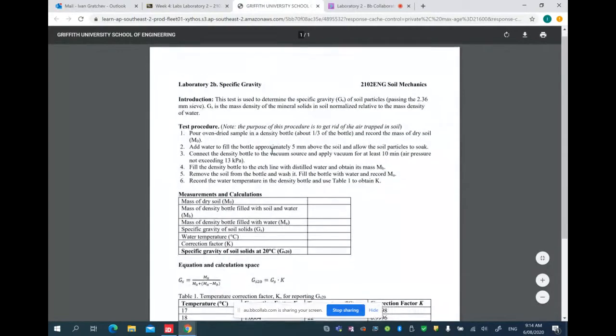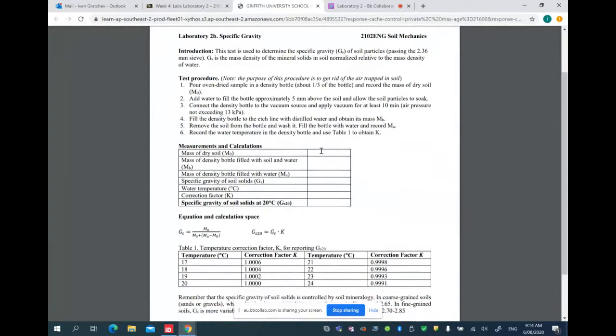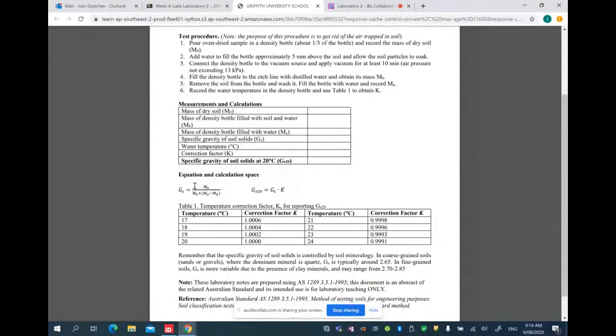This is the laboratory sheet that I use for calculations and to record data. Mass of dry soil, I put it here. Mass of density bottle filled with soil and water, put here. All the results that I get in the test in that video, I put in this column, and then I use this formula to calculate specific gravity.